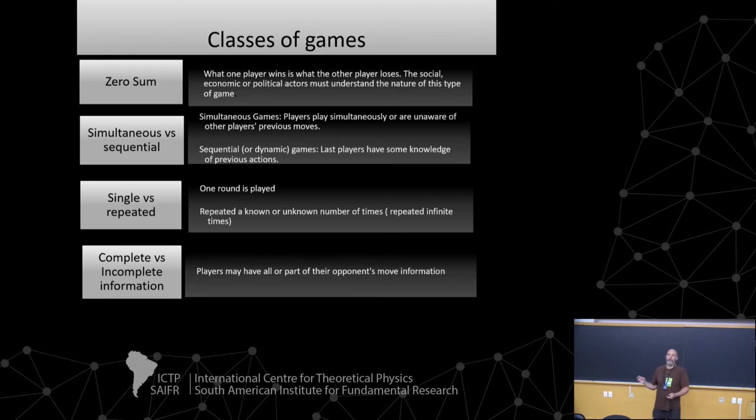There is nothing putting money on the game just to be distributed among the players. So I decide how much money I will bet, and the other player also, and the one who wins takes what the other one is losing. So this is a zero-sum game.